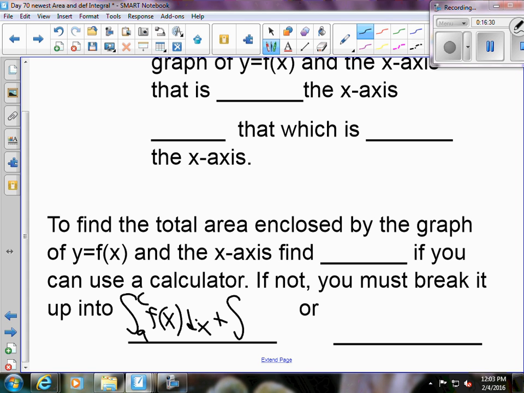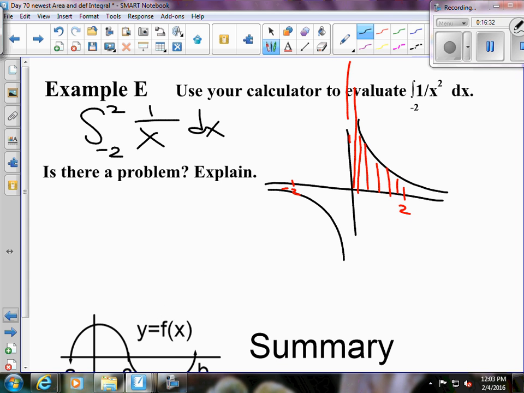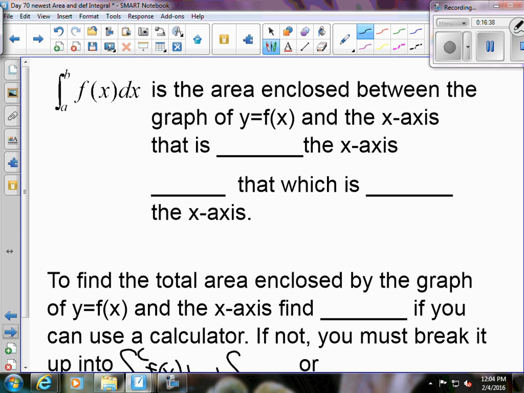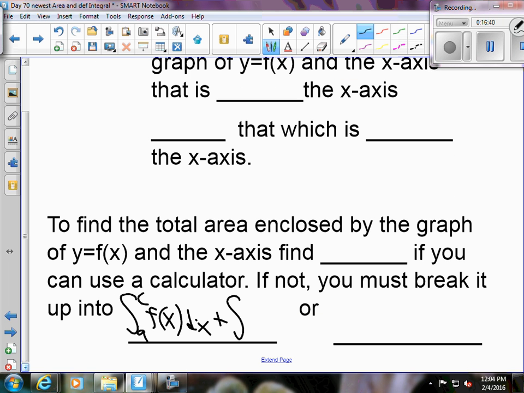Normally we would say C to B, so we'll do B to C. So either you can switch the limits, B to C, of where the graph is negative, where the graph is below the x-axis, and that'll get you the total enclosed area. So wherever the graph falls below the x-axis, just switch the limits of integration, and that'll get you the actual area instead of a negative number.